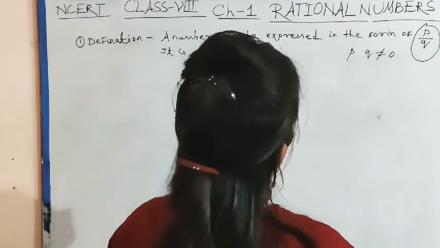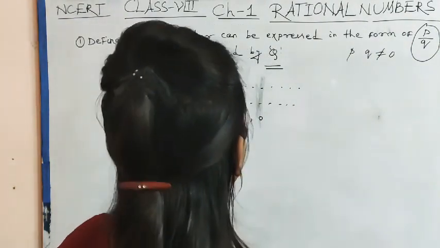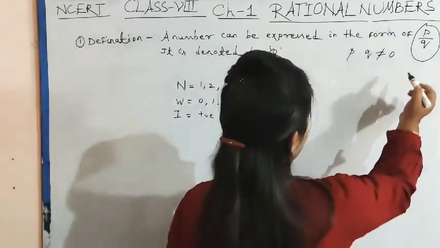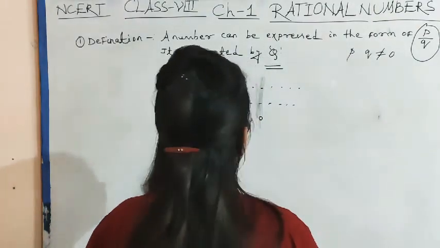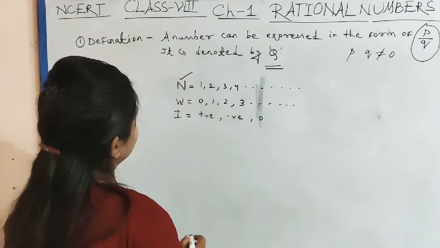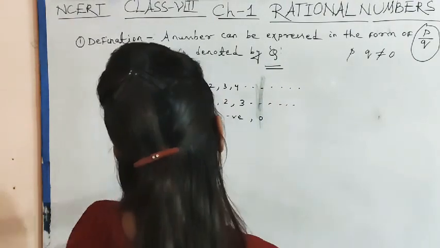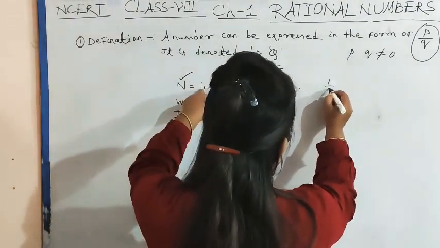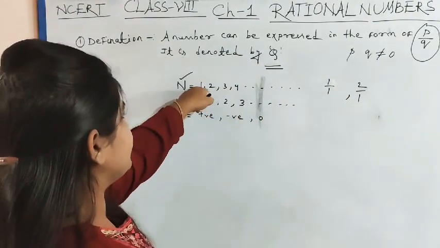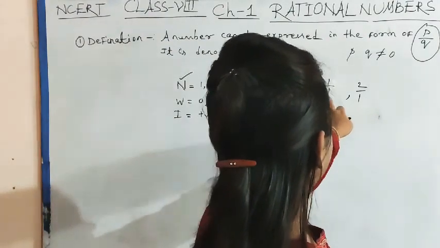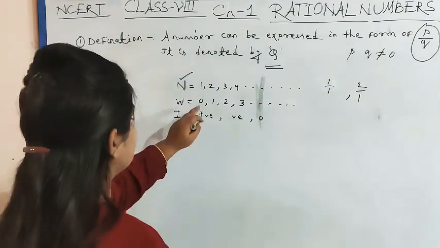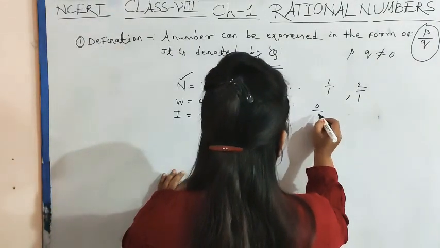All rational numbers can be written in fraction form, with denominator q not equal to 0. So all natural numbers can be written as p by q: 1 by 1 equals 1, 2 by 1. So all natural numbers are rational numbers. Then whole numbers also can be written as p by q form.